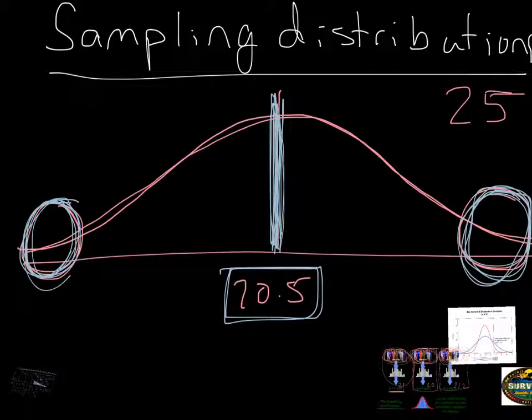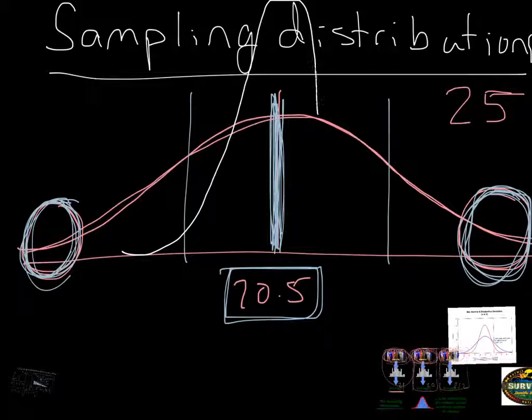They're all around here, and in fact 68% of them are going to be in between those two standard deviation lines. So, because of that, the graph of all of the 25s is going to look a little bit more like this. I'm sorry, it went out of screen there.